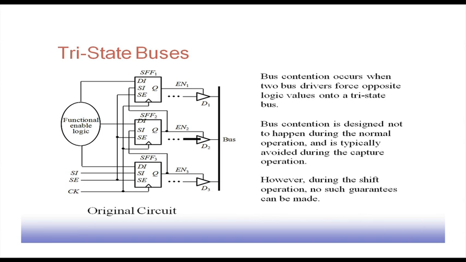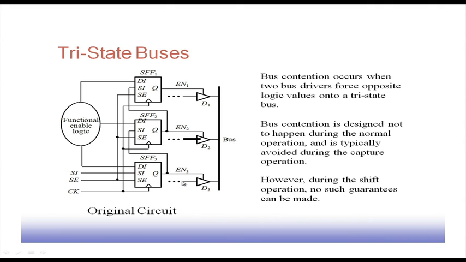Here you see we have got a number of scan flip flops, and there is a bus contention, with D1, D2, D3 etc. These are actually tri-state buffers, and from some logic these tri-state buffers are getting the values.